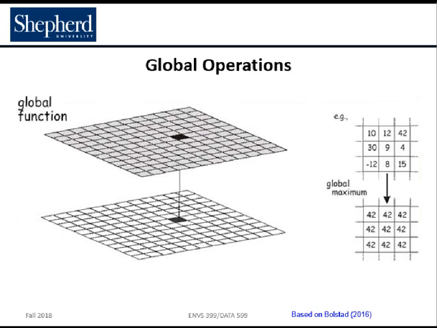A global operation is a spatial operation where the output location, area, or extent comes from operations on the entire input area or extent.